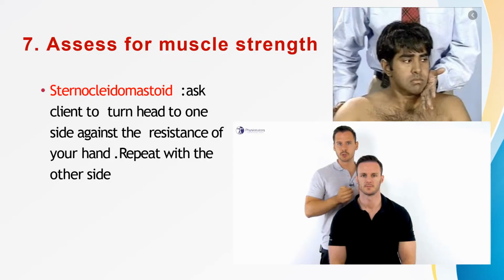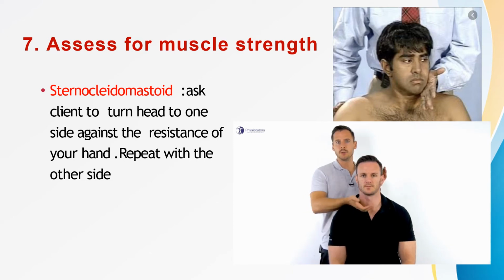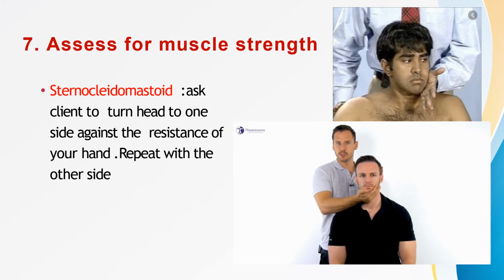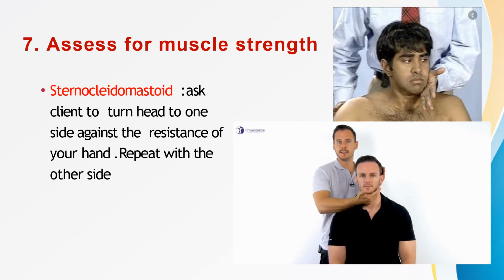After you inspect and palpate the patient's neck, and ask the patient to do certain ranges of motion, we now want to assess the muscle strength of the neck. We can do that by asking the client to turn the head to one side against the resistance of your hand, and you repeat that on the other side.